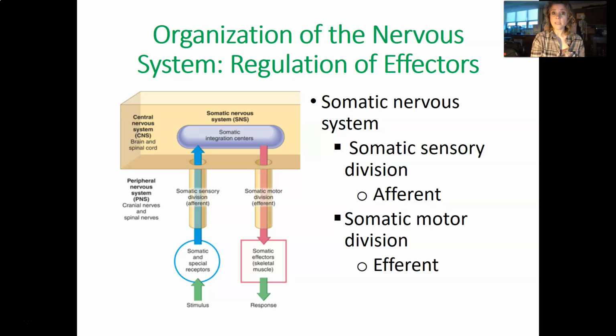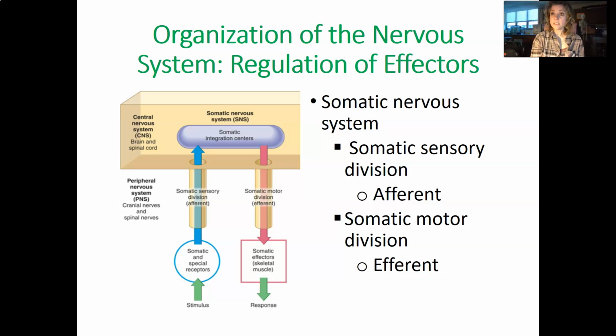We have somatic integration centers within the central nervous system that are then going to process the information that they've received, and they are going to send a response through the somatic motor division, the efferent pathway.